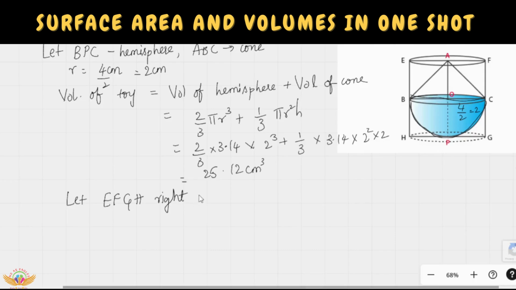This is our cylinder that circumscribes this solid. So what is the radius over here? This complete part will be the EH.